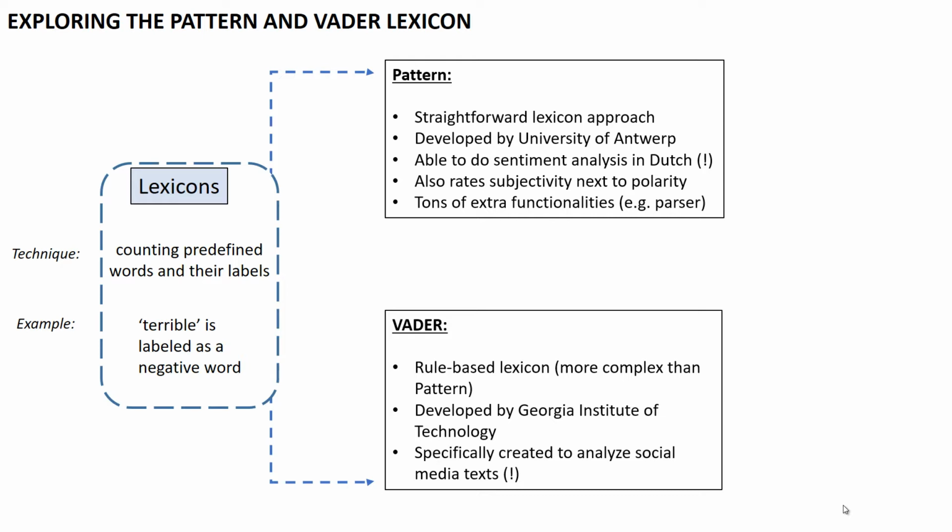It is developed by people of the Georgia Institute of Technology in the United States, and it's specifically created to analyze social media texts, so text from Twitter, Facebook, YouTube comments, comments on websites, and so forth. I combined both of these modules in our sentiment analysis script. You can access the script simply by clicking on the link in the PowerPoint.